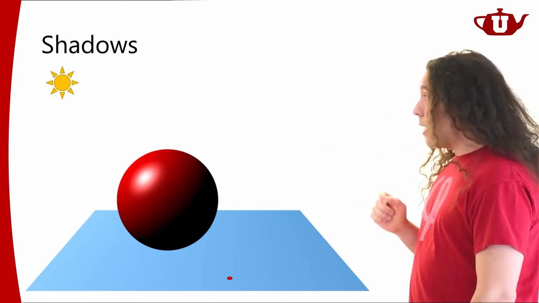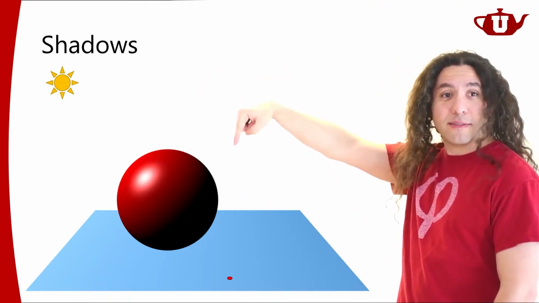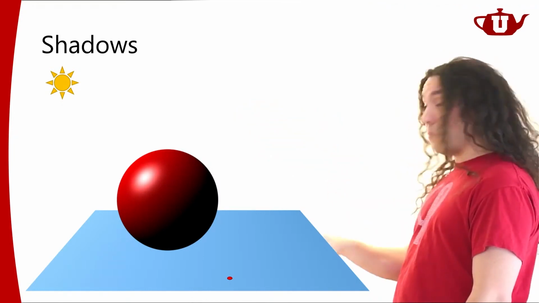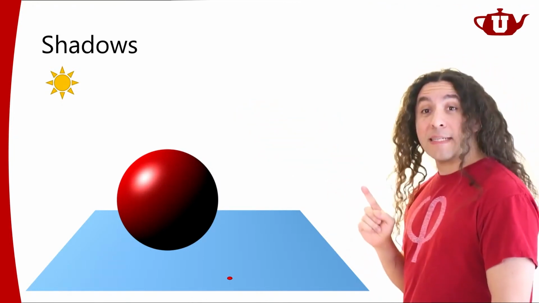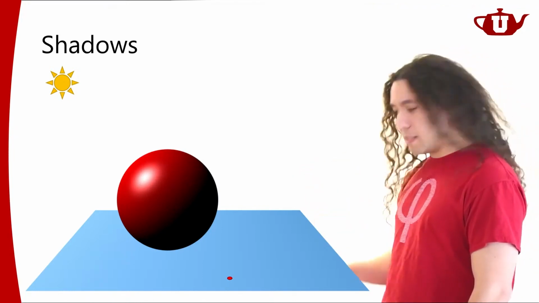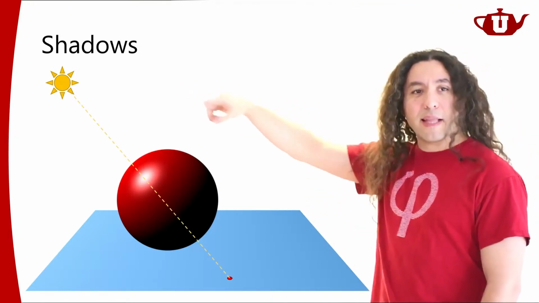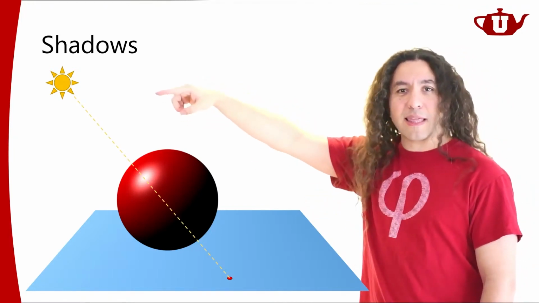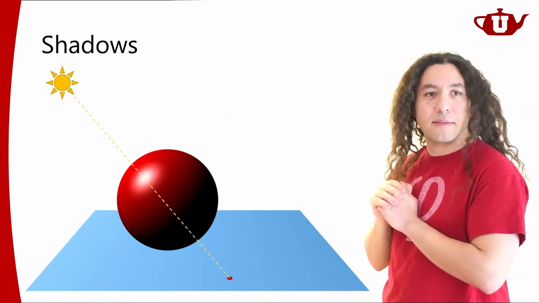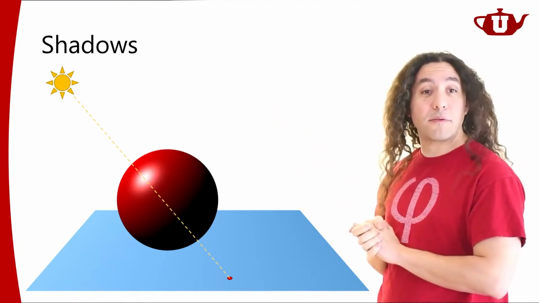Well, if I can see the light source from this point, then the point is not going to be in shadow, right? So if there is nothing between this point and the light source, if this line segment is not occluded by anything, then this point is not going to be in shadow, right?